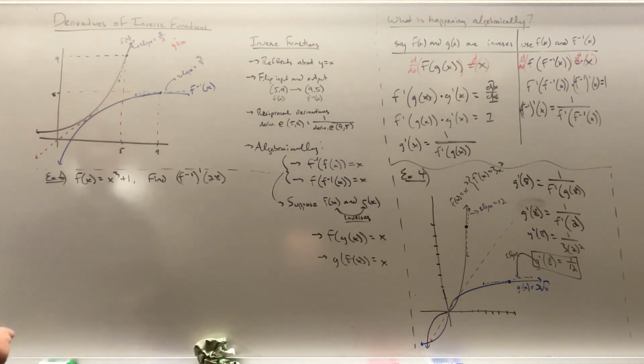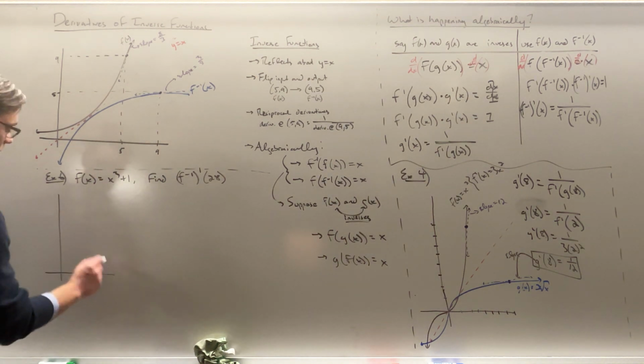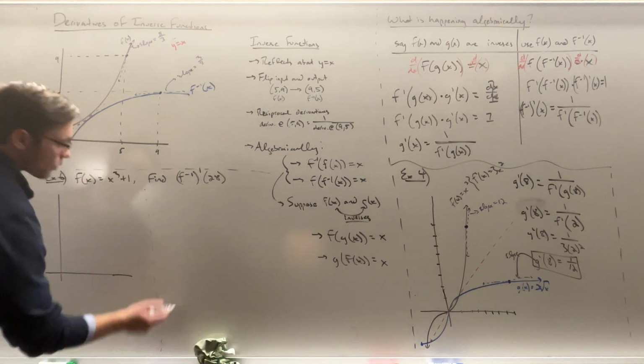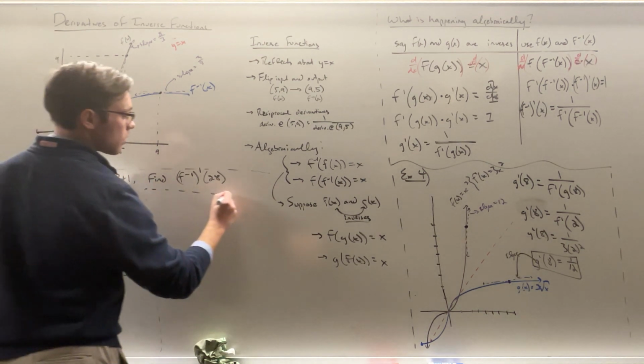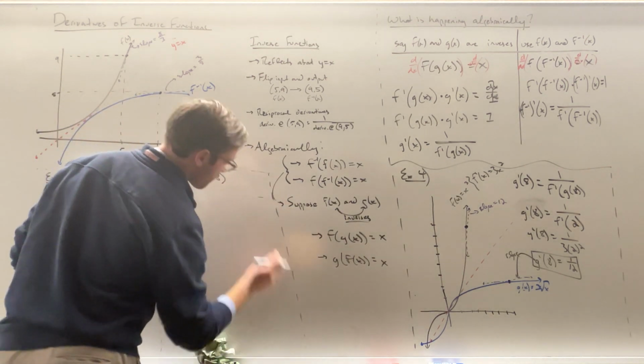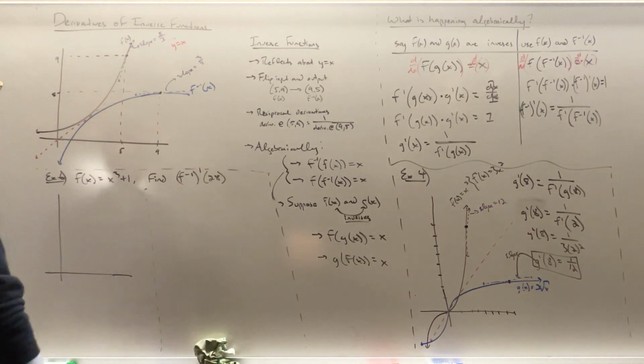Okay, so let's start with this algebraically, and then we can look at it graphically. I'll draw the sketch of the graph here, but we're not going to look at that yet. We're going to look at the algebra. So looking at this algebraically, find the derivative of f inverse of 28.